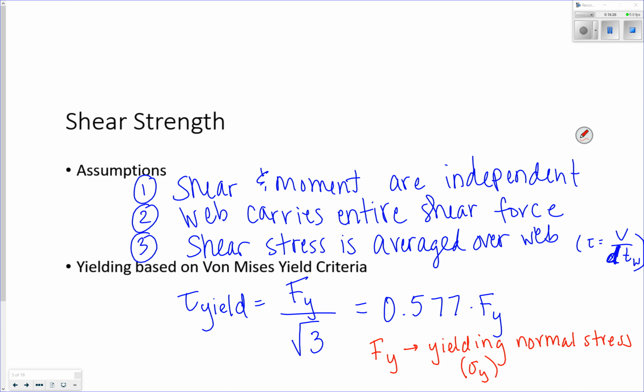So if I'm calculating my yielding, we're going to talk about this in a minute, I'm going to find out what the yield shear stress is, multiply it by my web area, and I'll get my shear force that I'm allowed to use. Right, that's simple enough. Right now we're still in the theory, but we'll get into design quickly.